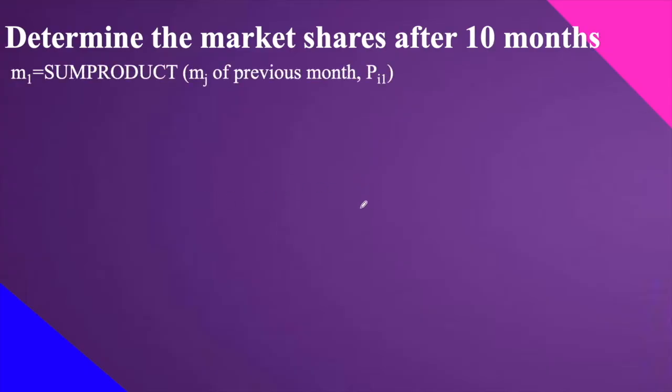So, M sub 1 natin. Sum product of M sub J of previous month, P sub I1.